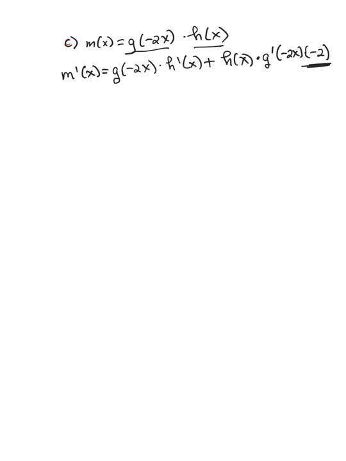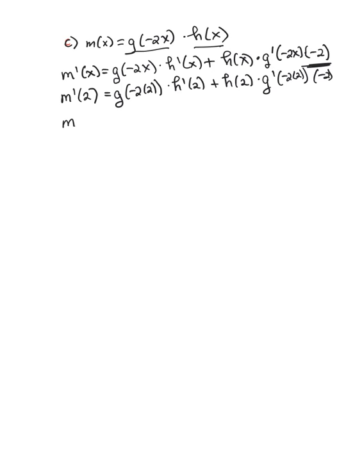Now we're going to put in the number 2, because we have to get the derivative of m at 2. So we have g of -2 times 2 times the derivative of h at 2 plus h of 2 times the derivative of g at -2 times 2 times -2.